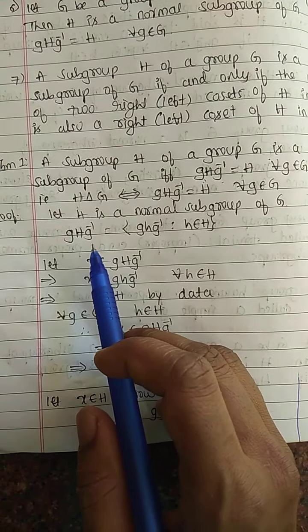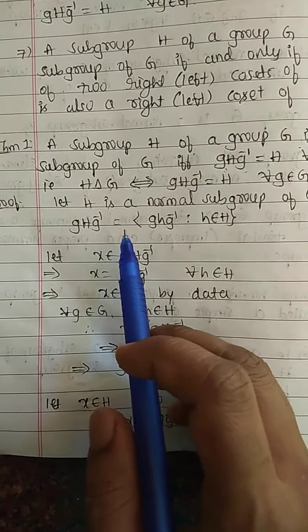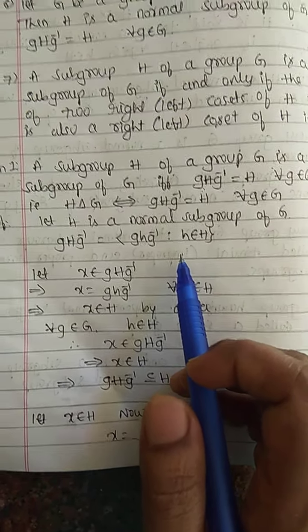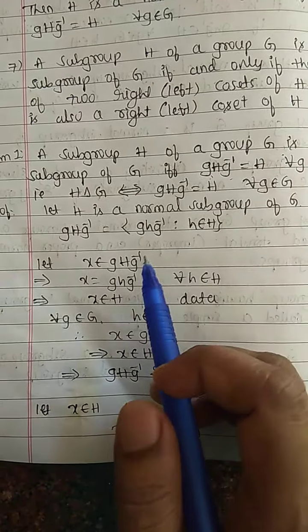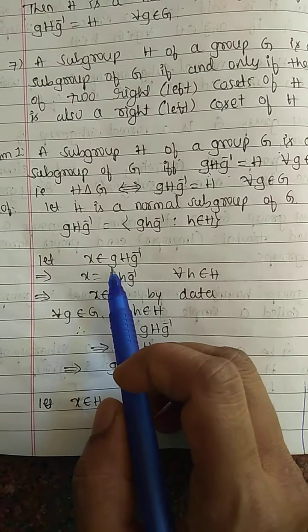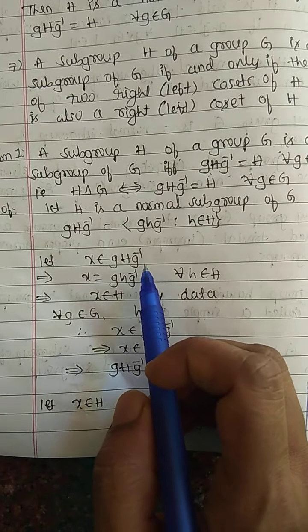Then by the definition we have g H g inverse equals the set of g h g inverse such that h belongs to H. Let x belong to this set, x belongs to g H g inverse.